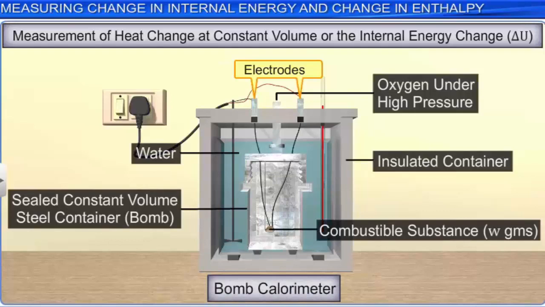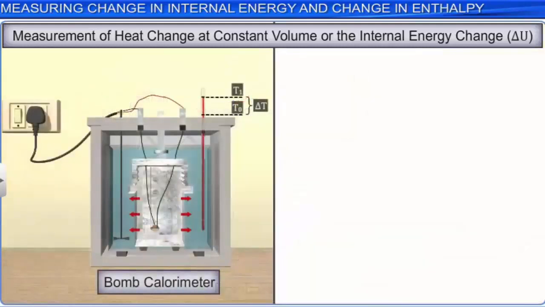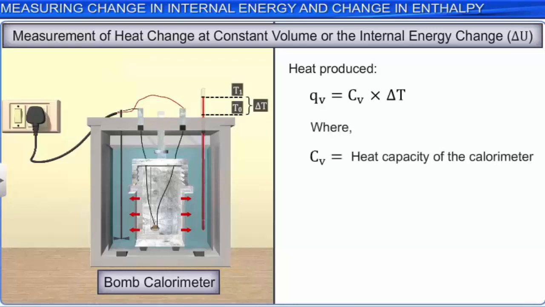The sample is ignited electrically, and the heat produced by the combustion reaction is absorbed by the water surrounding the bomb. The increase in temperature of water, delta T, is noted, and the heat produced is calculated using the equation QV = CV × delta T, where CV is the heat capacity of the calorimeter.